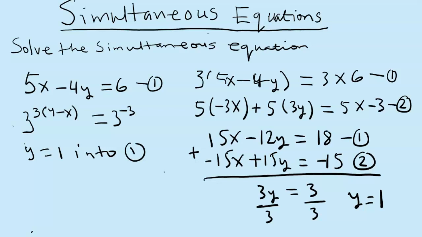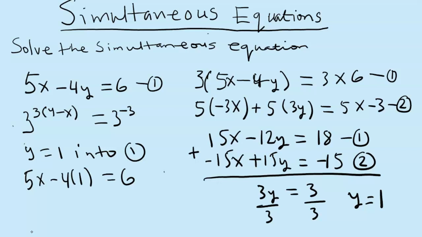And you see this is an objective question. You can miss the final answer, but you will gain some points along the way. So we're going to plug it into the original equation 1 here. So we will have 5x minus 4 times 1 equals 6.